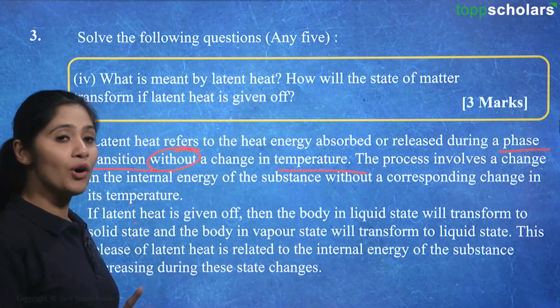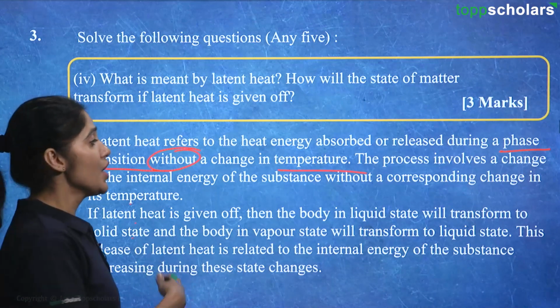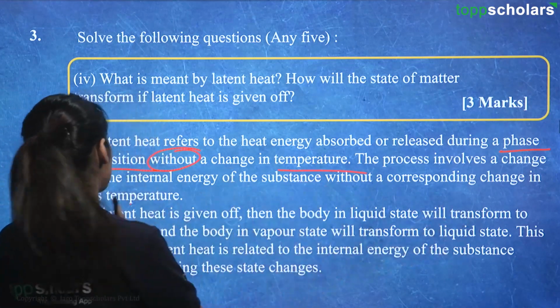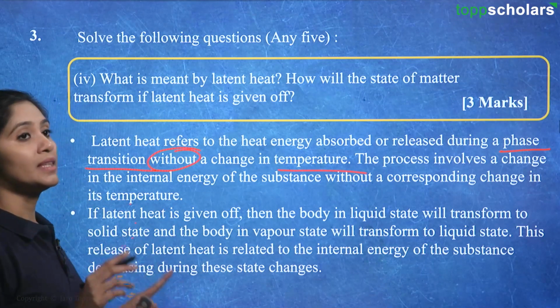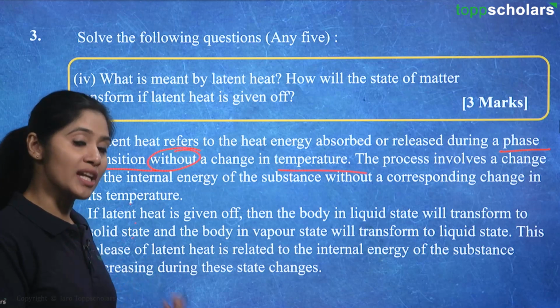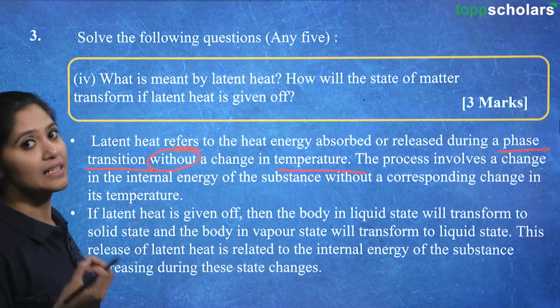The process involves a change in the internal energy of the substance without corresponding change in its temperature. So, temperature doesn't change, but the internal energy changes, right? That is what latent heat is all about.